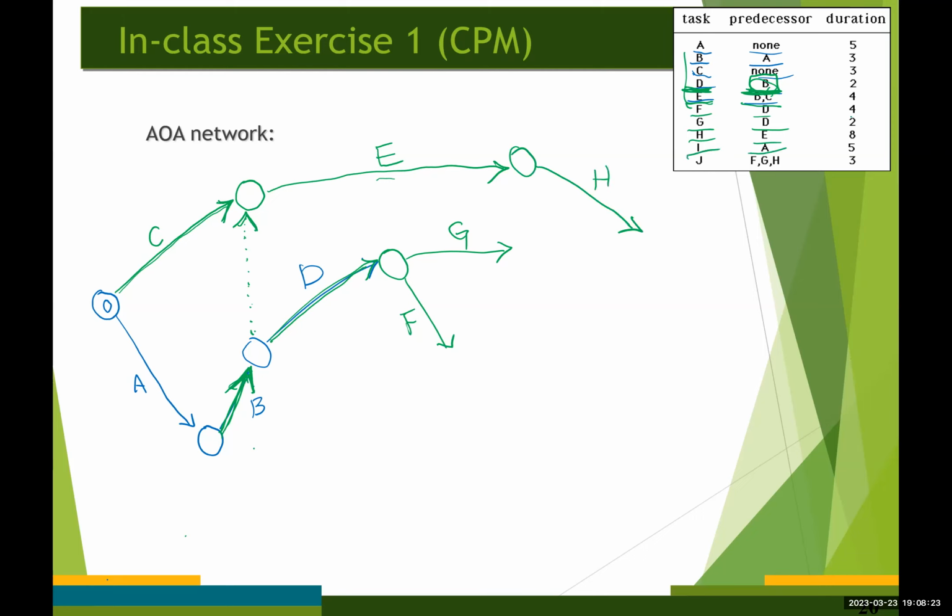I has one predecessor, which is A, so I'm going to have I. And then finally, J has three predecessors, F, G, H. So we have F, G, and H here.